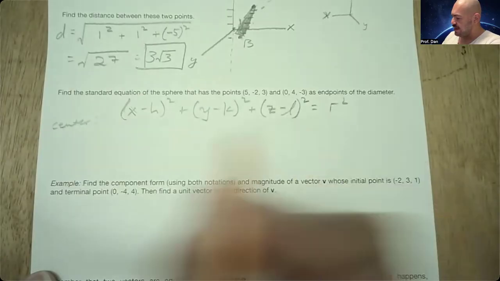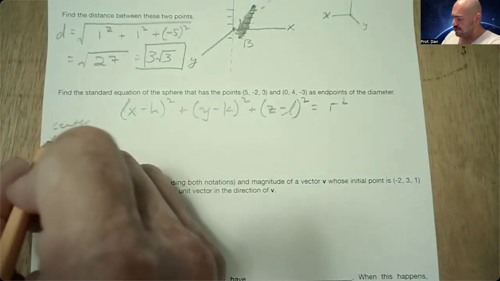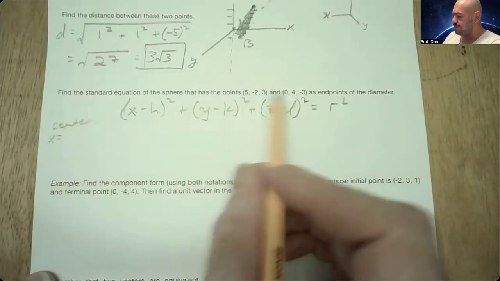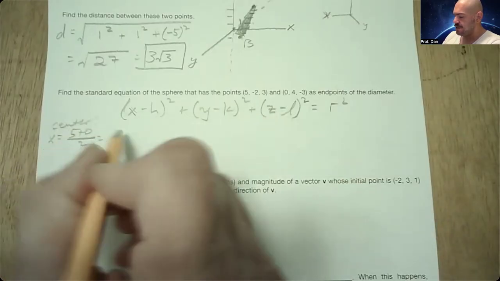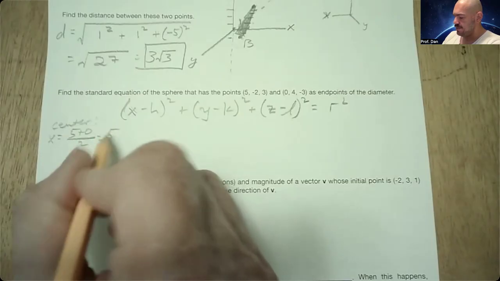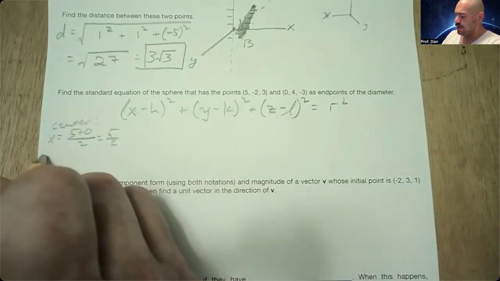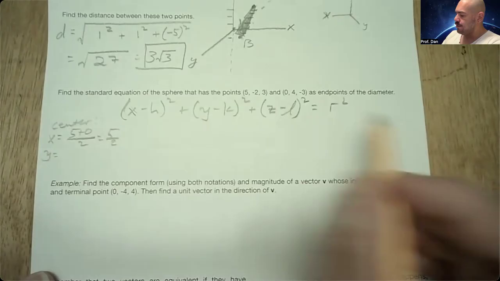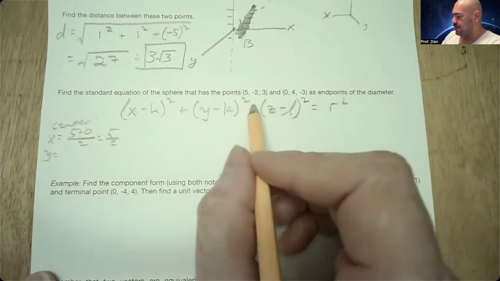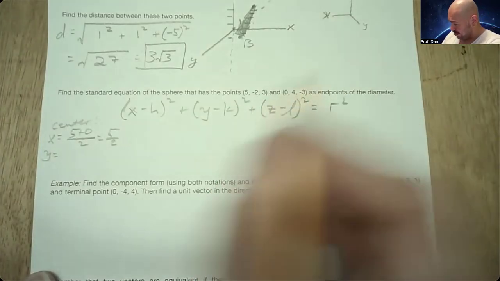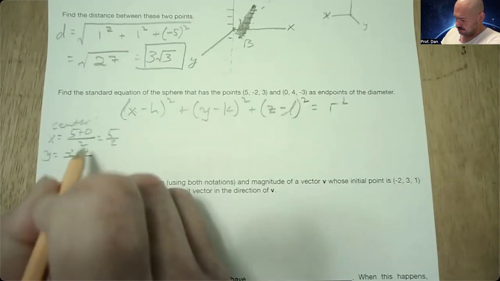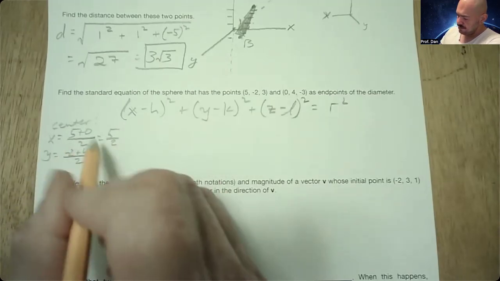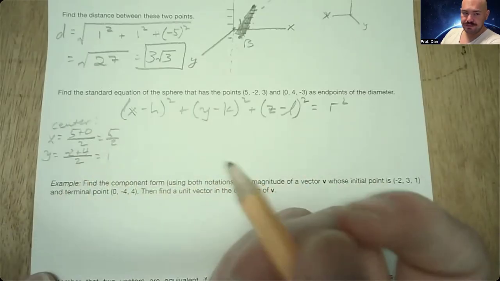For the center x coordinate, it's just going to be the halfway point between 5 and 0, which should be 5 plus 0 divided by 2, i.e. 5/2. The middle y coordinate is the halfway point between -2 and 4, which is going to give us 1.